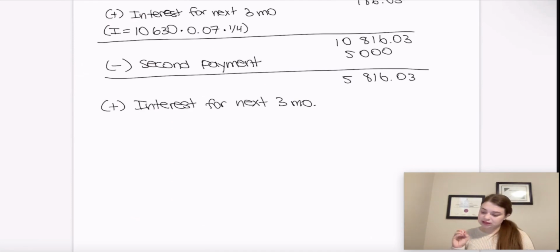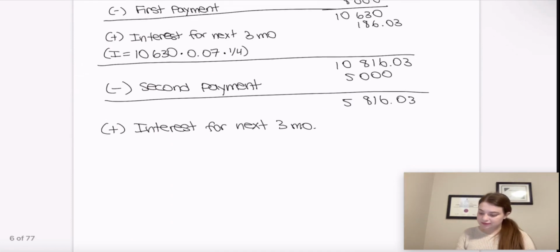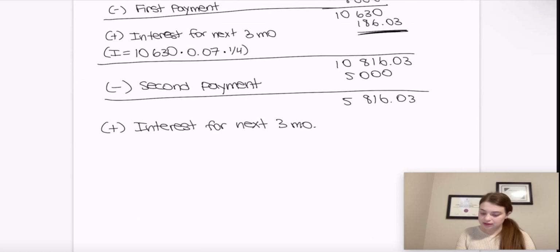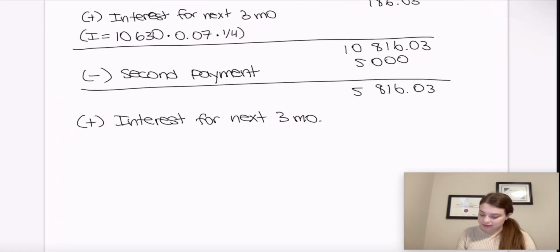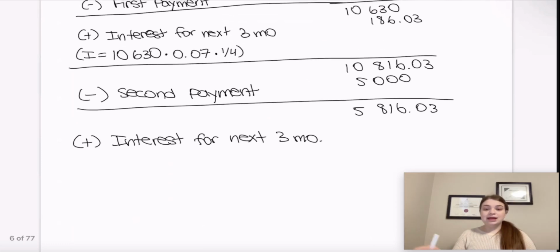And again, this is going to be even less. We're expecting this to be even less than 186.03 because it's the same amount of time that's passing this time as before. But now we're paying interest on less debt because now we only owe $5,816.03. We don't owe the 10,000 something like we did before.